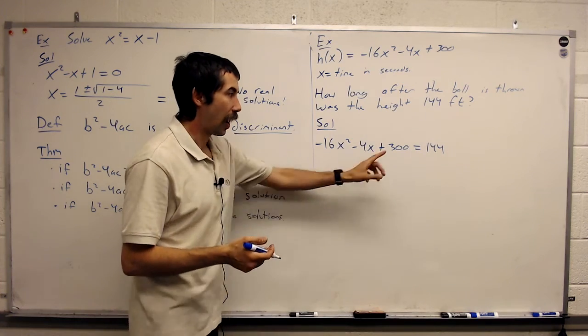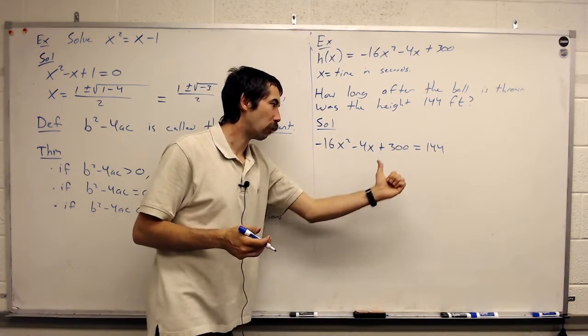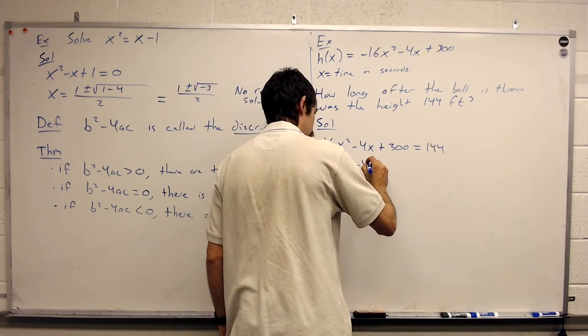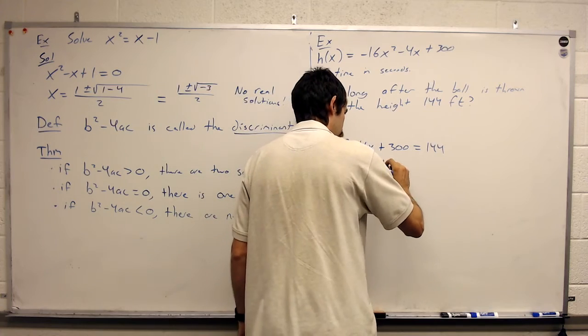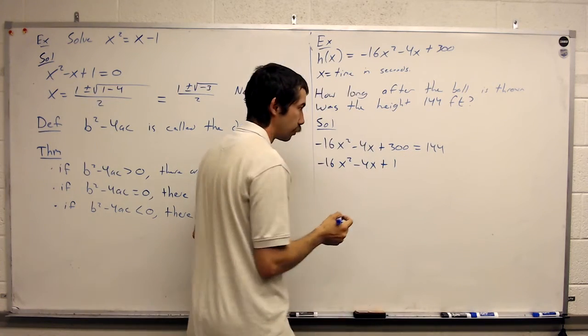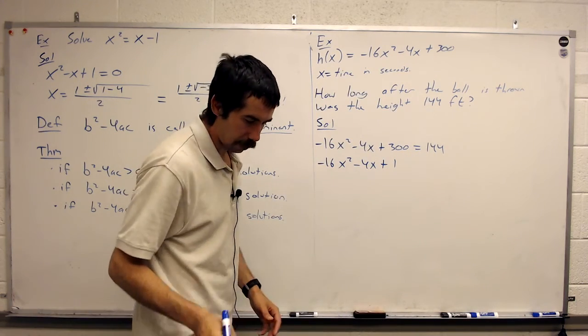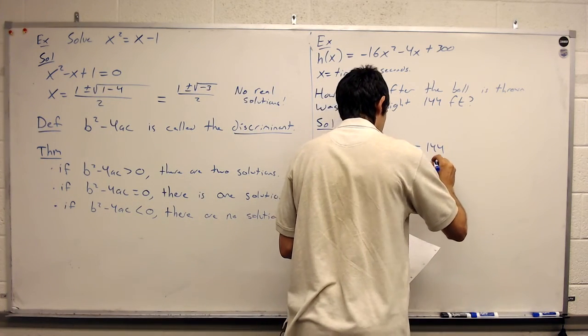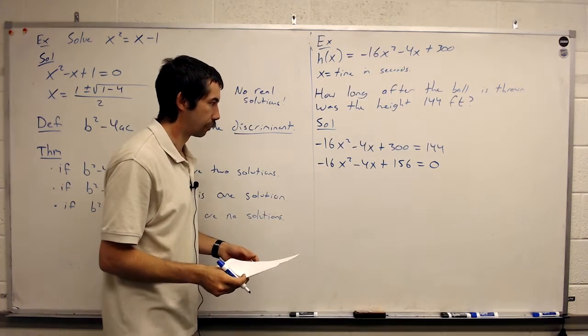Let's try to factor. It has to be equal to 0, so we have to bring this 144 over. So subtracting by 144. And so that's 156 equals 0.